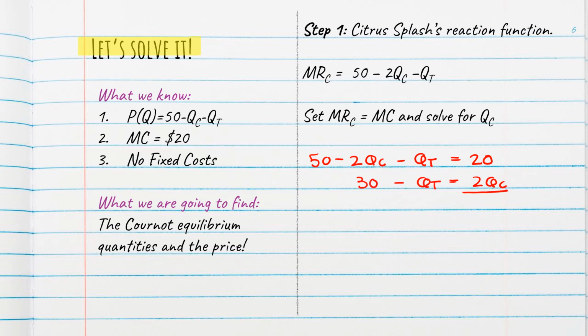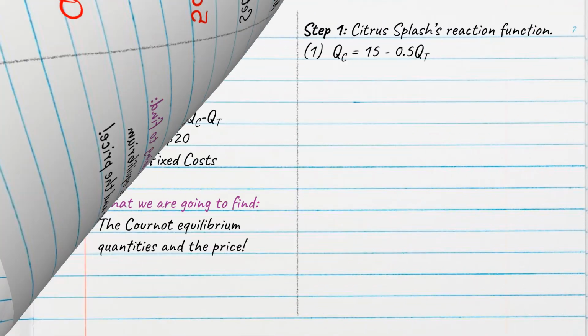Now I'm trying to find QC, so I'm going to divide both sides by 2, and I'll have my reaction function: QC is equal to 15 minus QT over 2, which I'm going to write as 15 minus 0.5QT. And we will call this equation 1. So there's our reaction function for Citrus Splash.